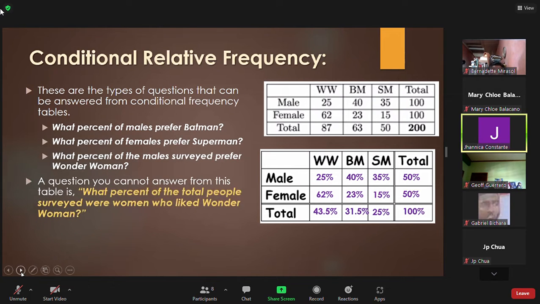A question that cannot be answered from this table is: what percent of the total people surveyed were women who like Wonder Woman? If that is the question that you're going to answer using the frequency table that we have, you are going to use the joint relative frequency. We're not going to use the conditional relative frequency.